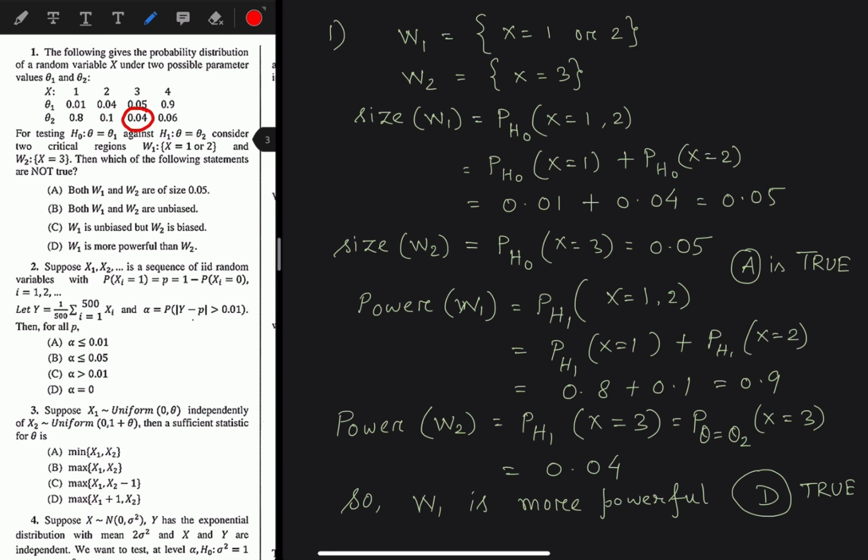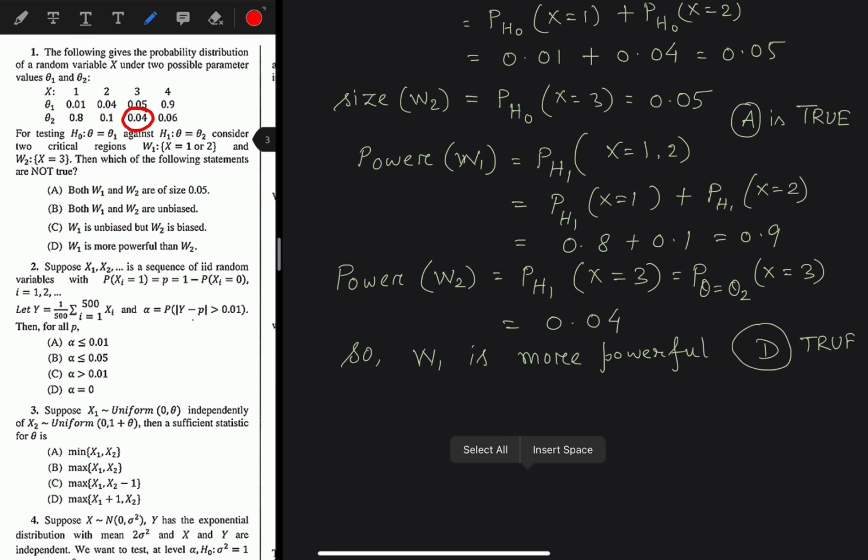Now we can verify option C. In option C, we just have to check whether the power is greater than the size or not. The power of W1 is greater than the size of W1, as the power of W1 is 0.9 and the size of W1 is 0.05. Obviously 0.9 is greater than 0.05, and hence W1 is unbiased.